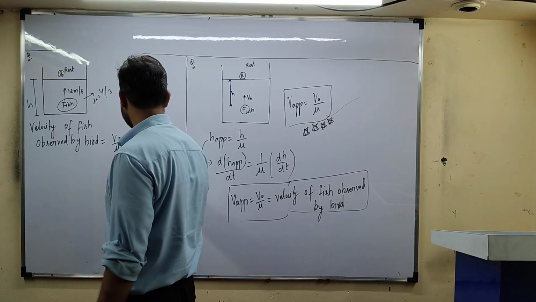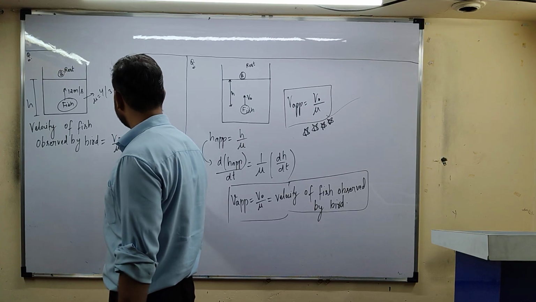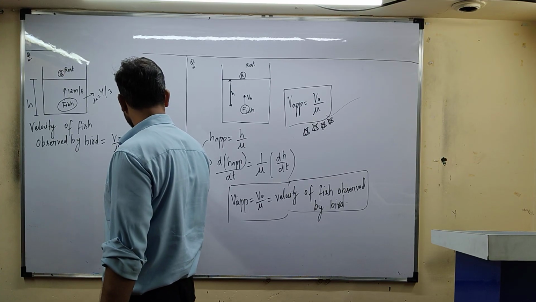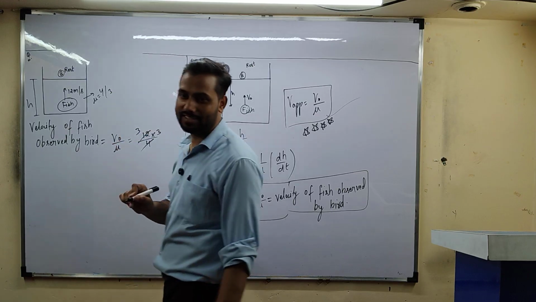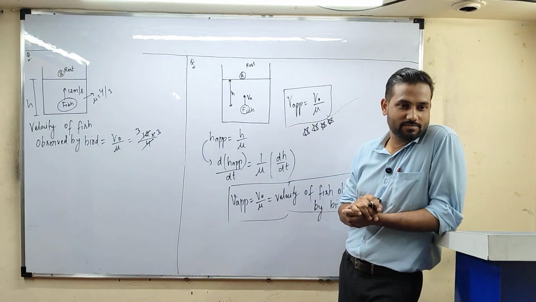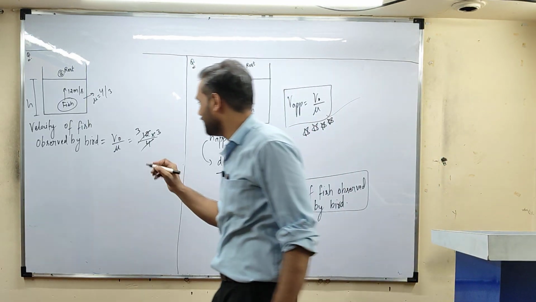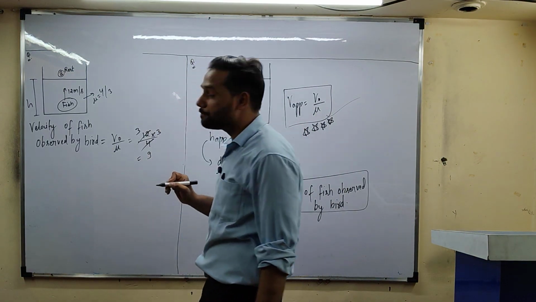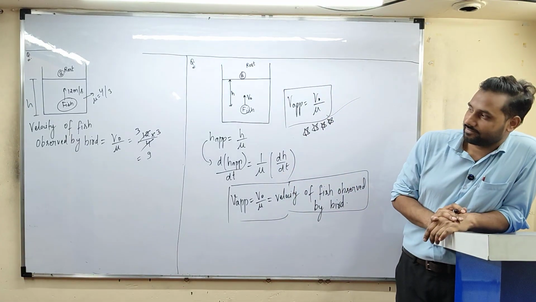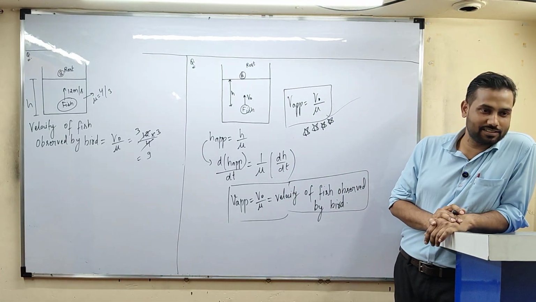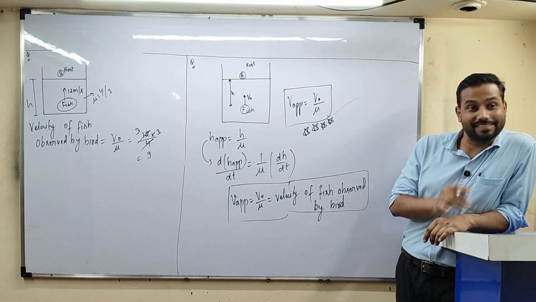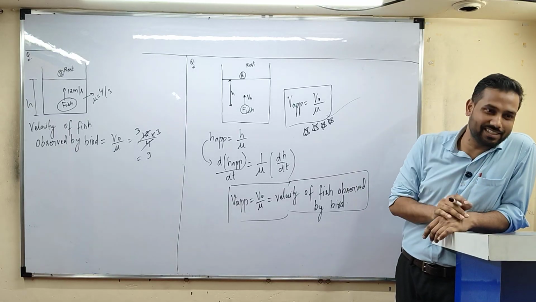V naught is 12, mu is 4 by 3. After solving, you will get the answer 9. 3 times 3 is 9. That means the velocity of fish is 9 meter per second, as observed by the bird.